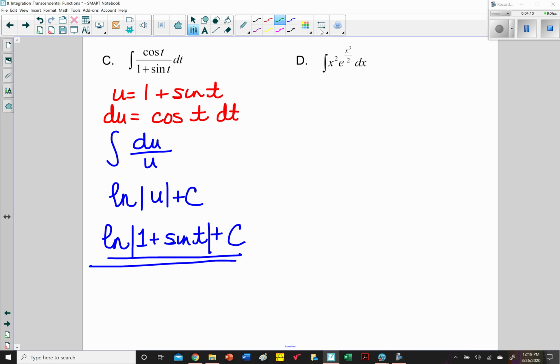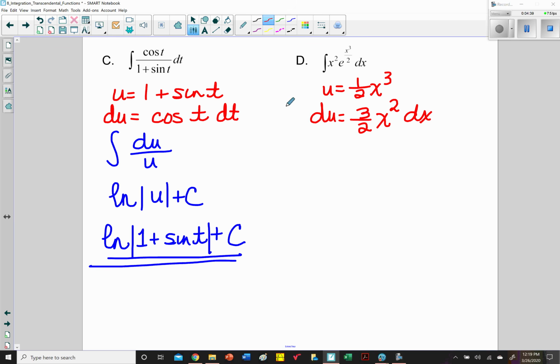Here's one using an exponential, so I guess, let's see, e, this is really messy. So let's do that. We've got a half x cubed as our exponent on the e function. That derivative is 3 over 2 x squared.